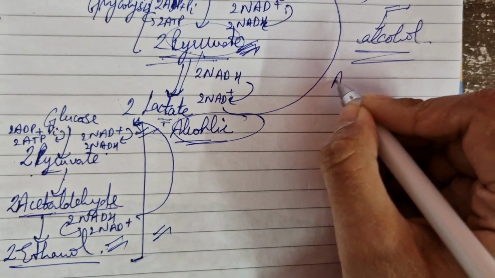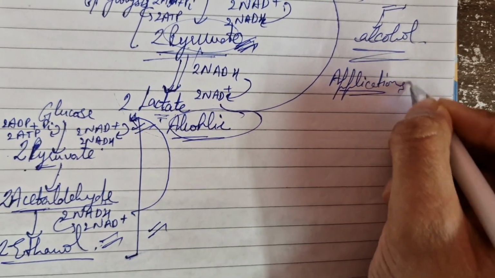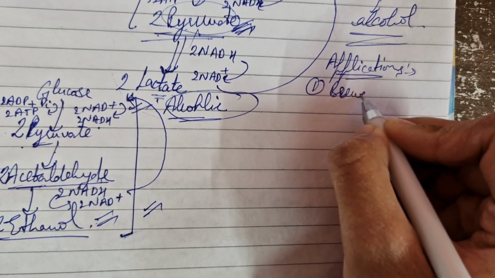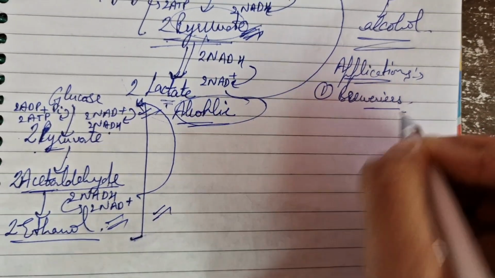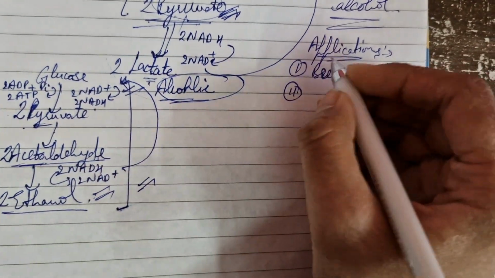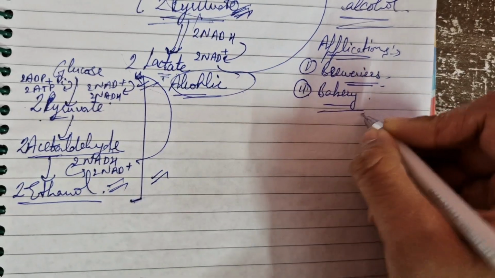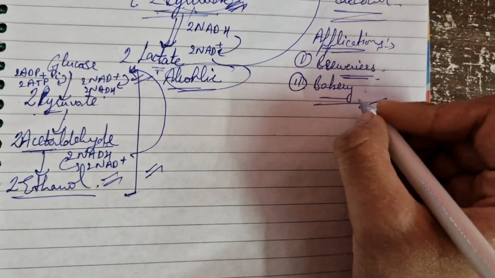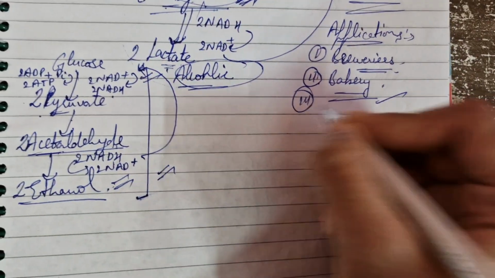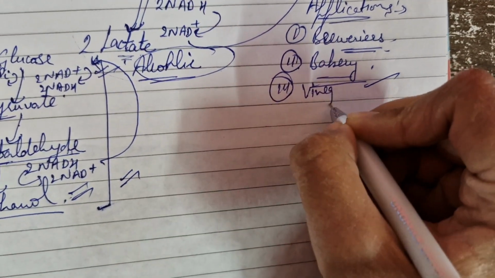Now we will study the applications of fermentation. It is used in breweries to make wine and alcohol. It is used in bakeries for making cake and other items. It is used in making vinegar.